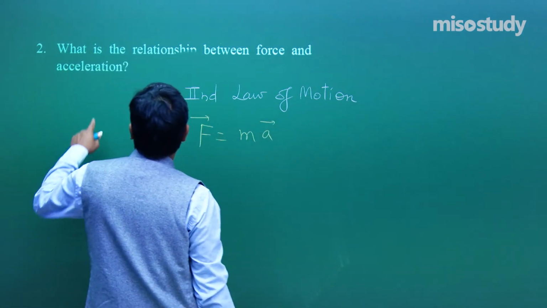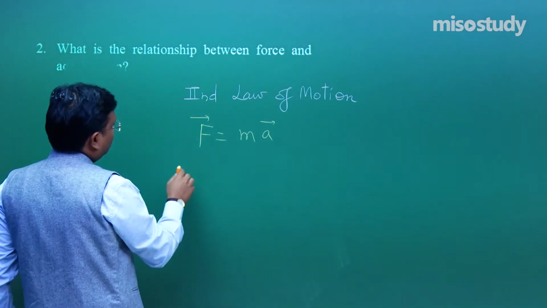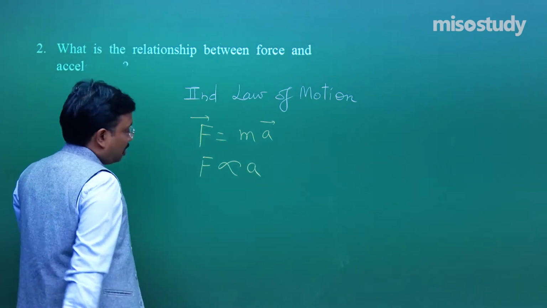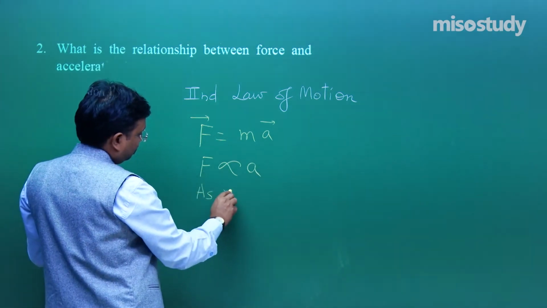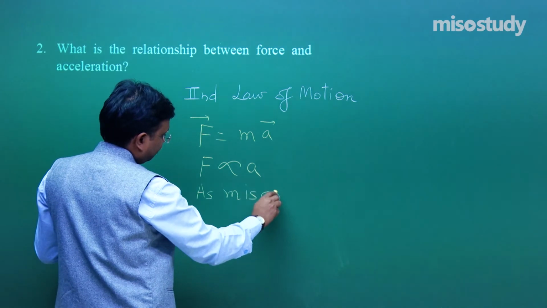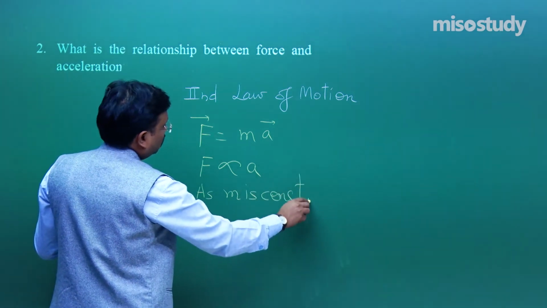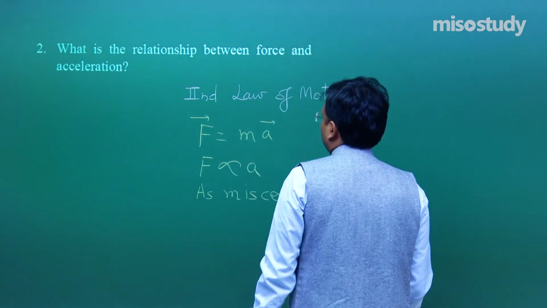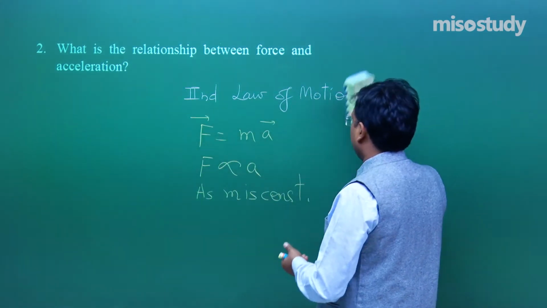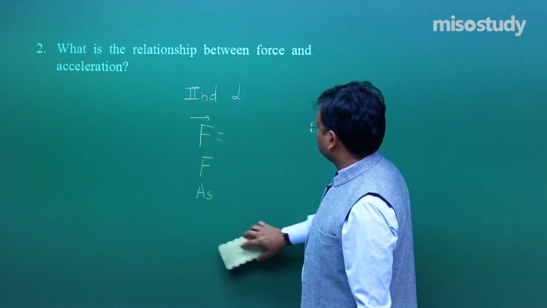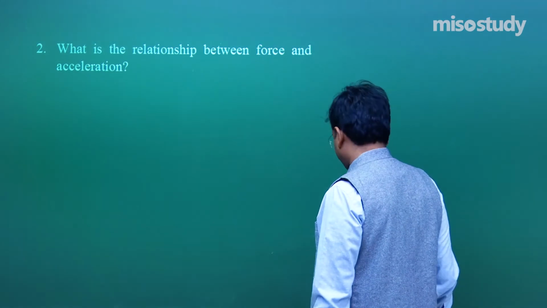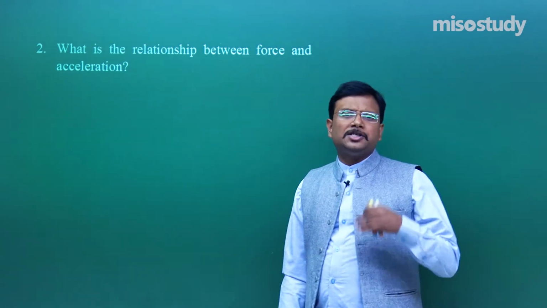Force and acceleration, you can simply say it like this, because m is constant, fine. So, this is associated with force and acceleration. And very short answer means do not waste your time in making your answer long, fine.